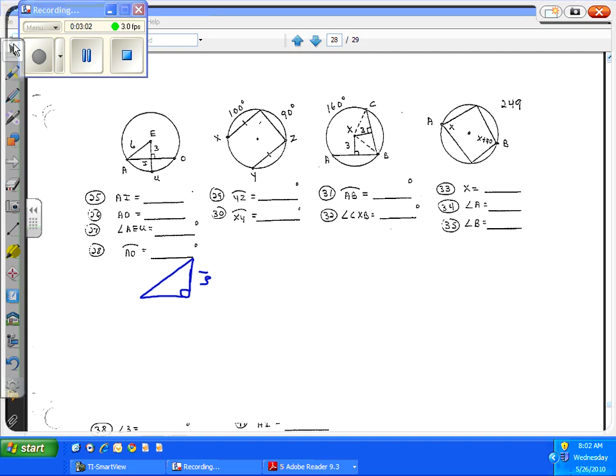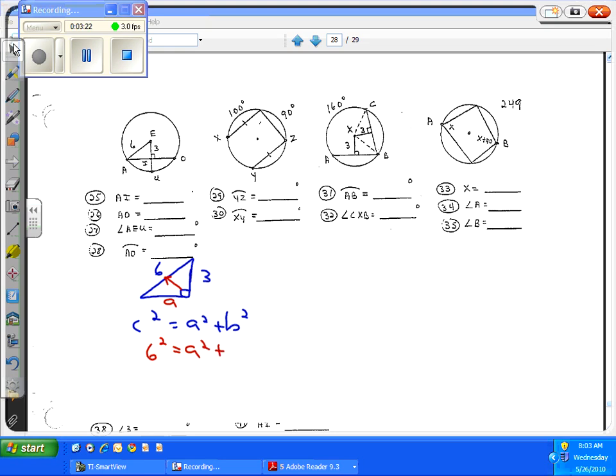So we think, well, how else could we find AI? Well, if this is 3 and this is 6, then you could find AI using the Pythagorean theorem. C squared equals A squared plus B squared. So we take C, which is our 6 squared, is equal to the side we don't know.